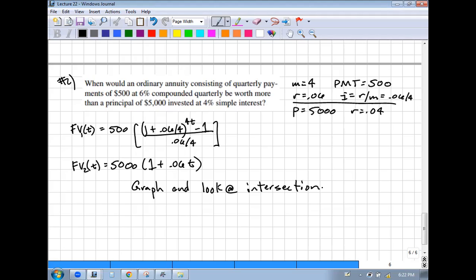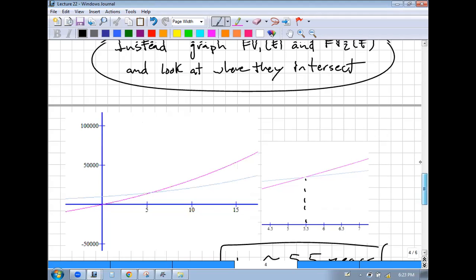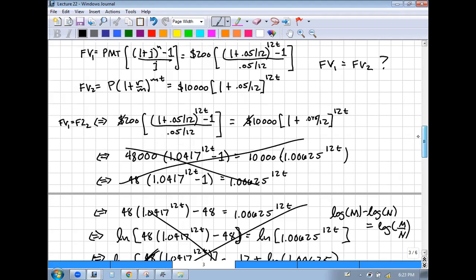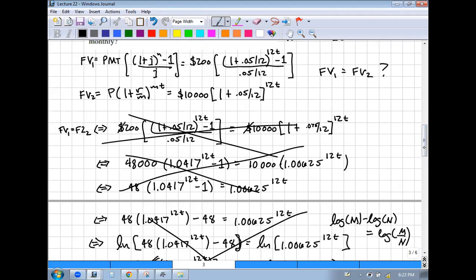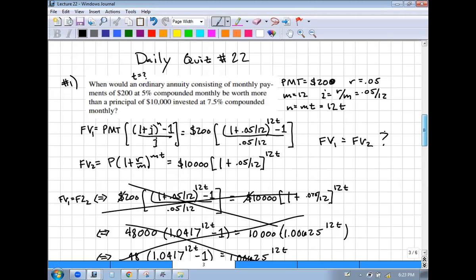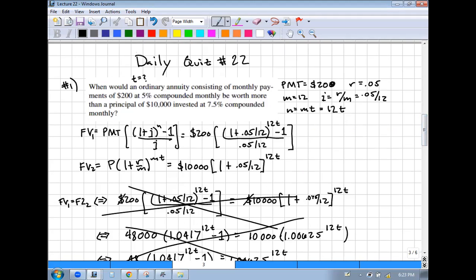There you go. No, it didn't work. I would say, graph and look at intersection.